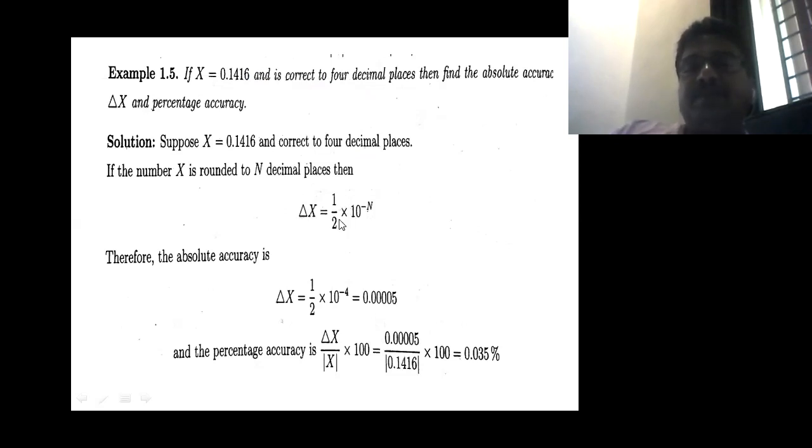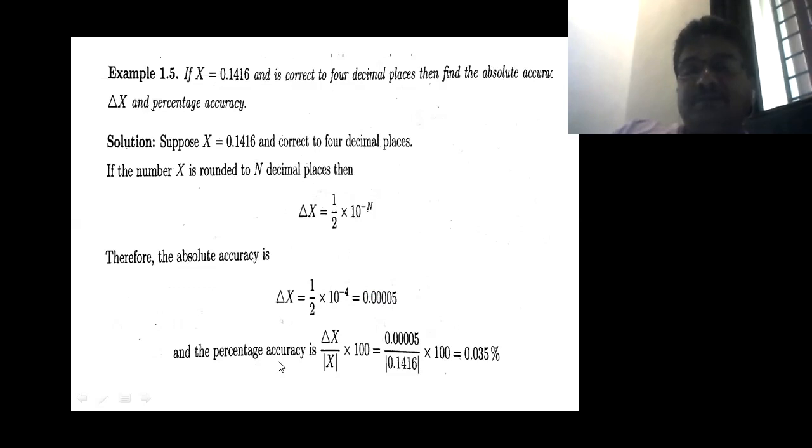This is the upper limit, or just say it is the absolute error, the absolute accuracy, and this n is what? n is 4, because this number is rounded to four decimal places. So 1/2 10 raised to minus 4, that is 0.5 times 10 to the power minus 4. This is the absolute accuracy or absolute error in this number.